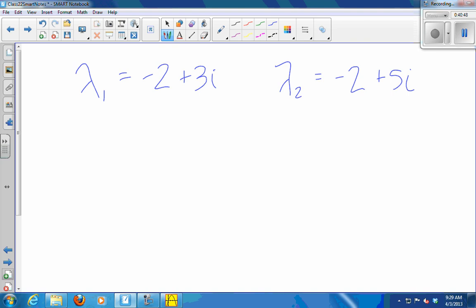Or +2 plus 5i, or anything like, is it possible for that to happen? Why not? We're solving a quadratic, right? And when you solve quadratics, your zeros always come in conjugate pairs. So if -2 plus 3i is one of your zeros, the other one has to be -2 minus 3i. Okay, they always come in conjugate pairs.